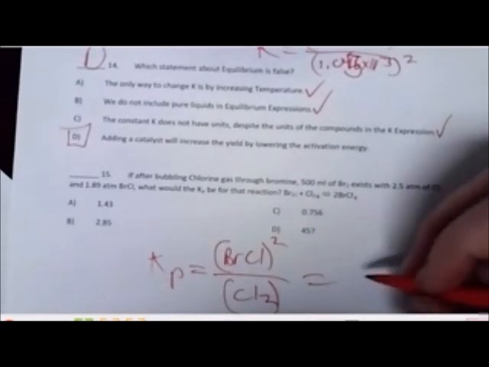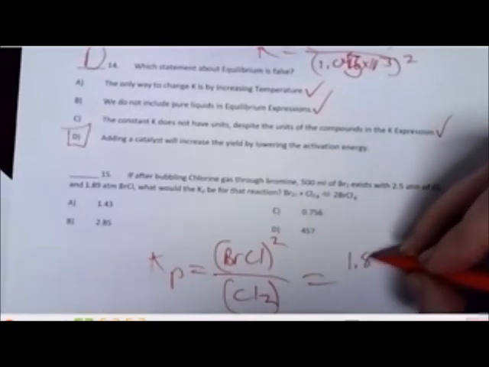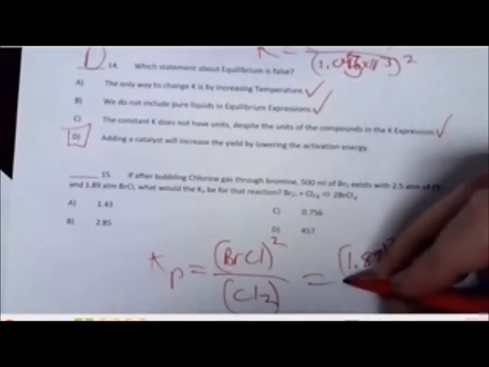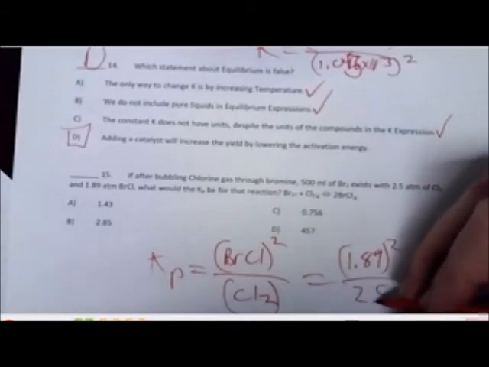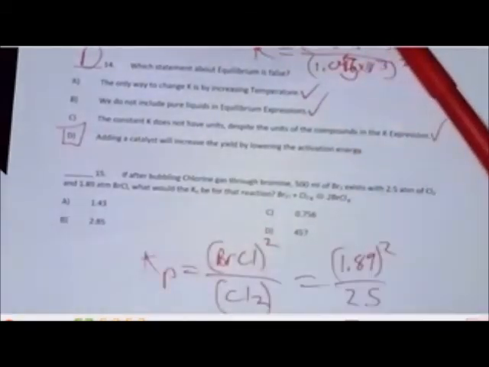So it just becomes 1.89 squared over 2.5. K is 1.43.